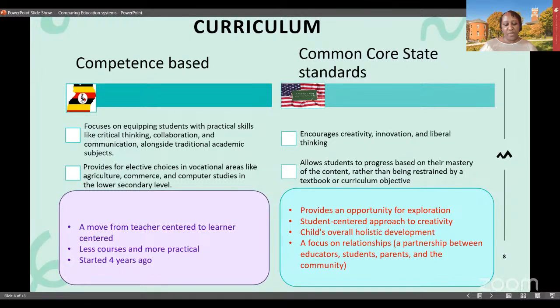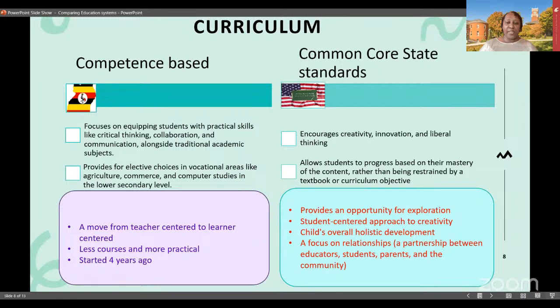Some of the core ones include English language arts, math, history, geography, and social studies. Elective subjects include art, music, design, technology, athletics, and world languages. So mostly the US education curriculum encourages creativity, innovation, and liberal thinking.